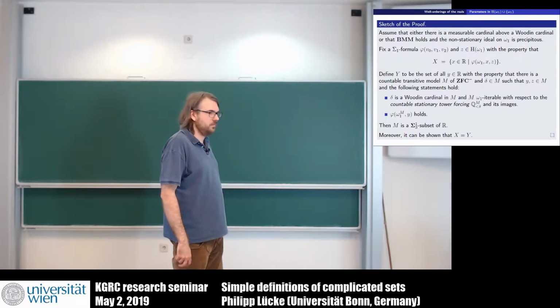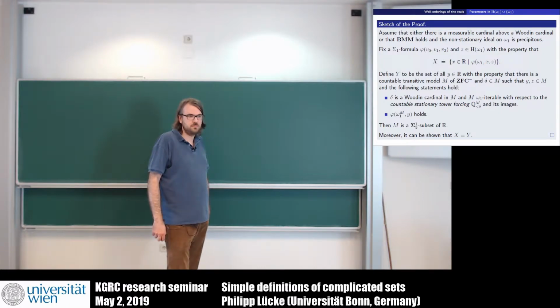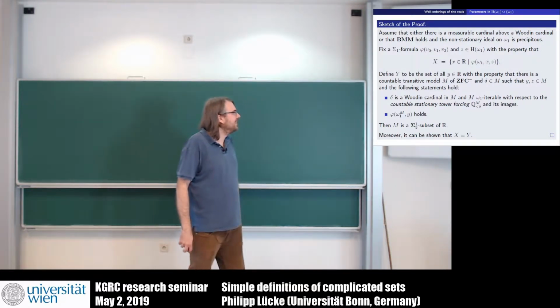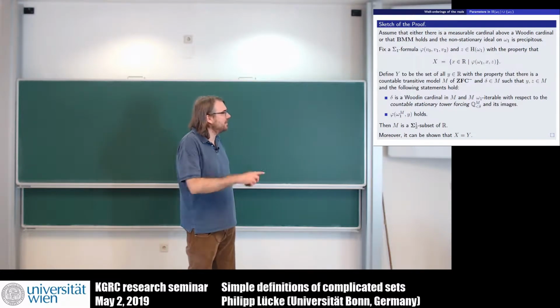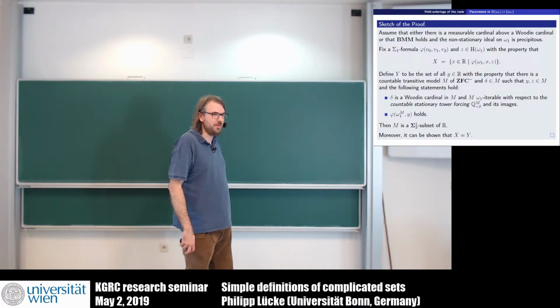You can't just force with P omega 1 mod NS, and it's just the generic iteration. I think you also need the sharp to see that you can go on until up to omega 1. I mean, are you going to tell us that you really need this one here? I was thinking maybe you could do it with less. I mean, I will present a result where I show that you cannot do it with the Woodin alone. Okay. Well, that answers my question.